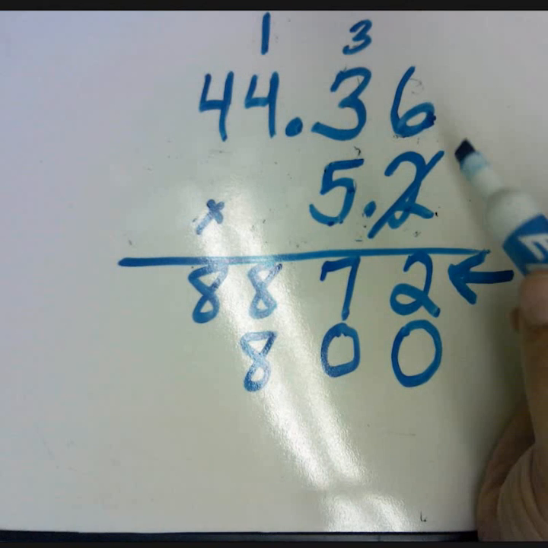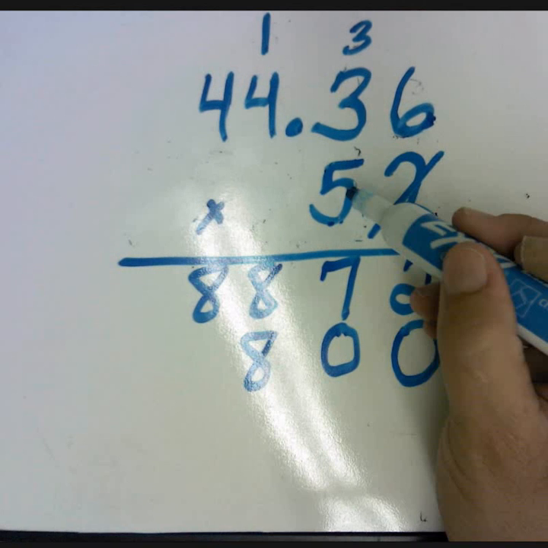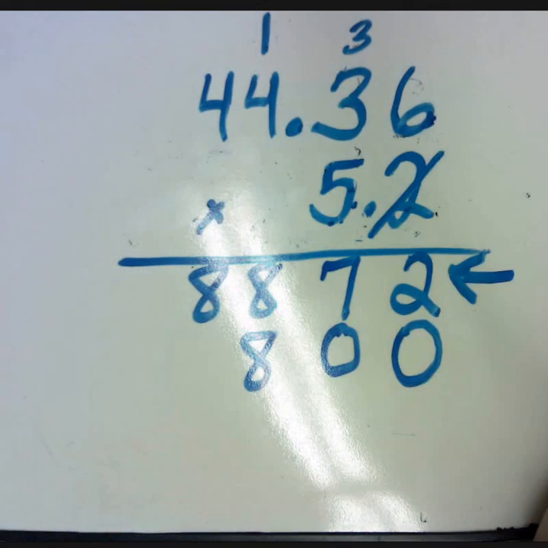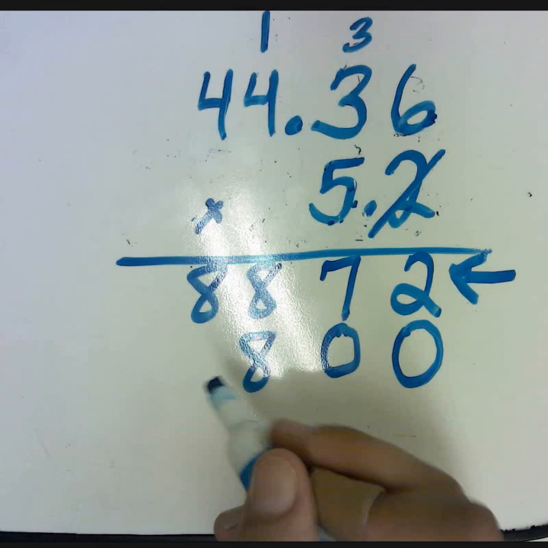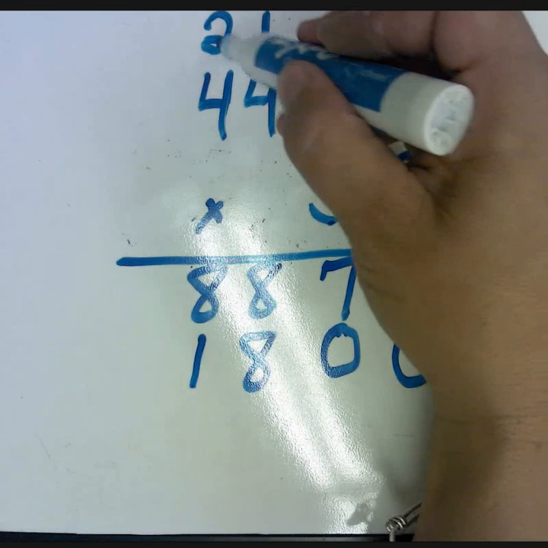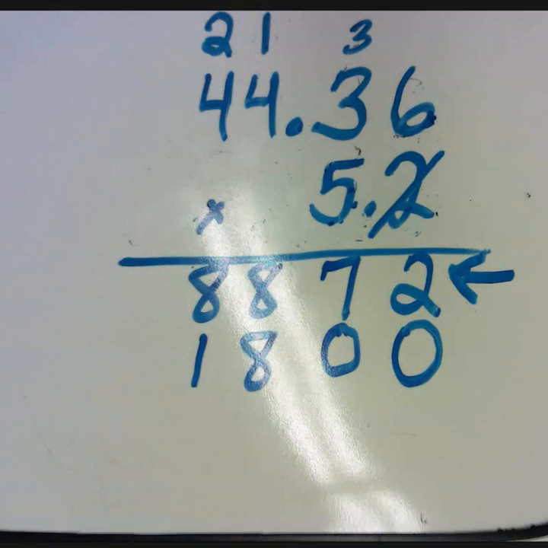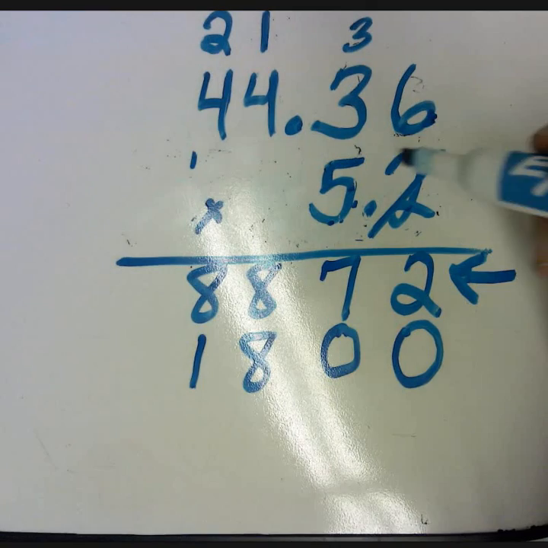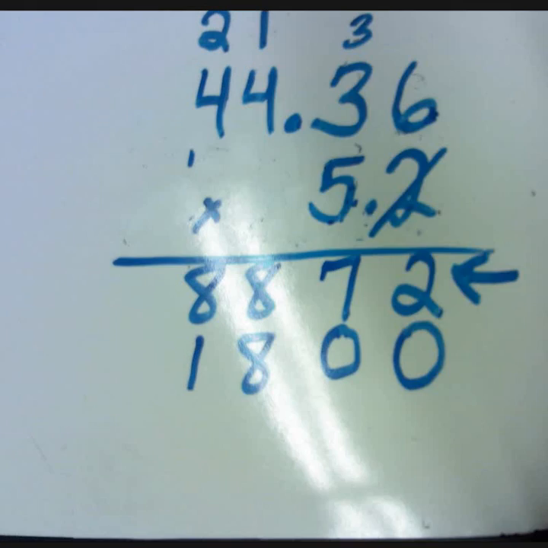Plus 1 is 21. Okay, I have to make sure that I carry this 2 over, okay, to the tens place. 5 times 4 is 20. Plus 2 is 22. Okay, here's my second row of products right here.